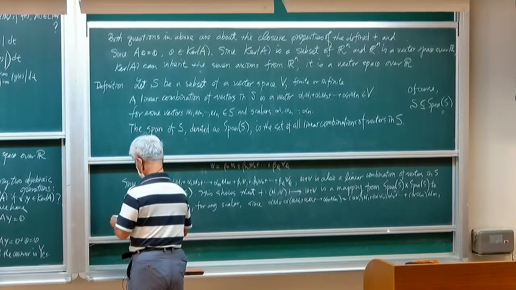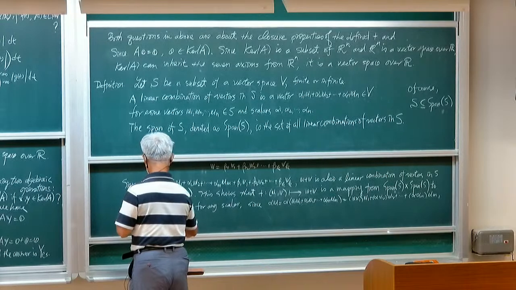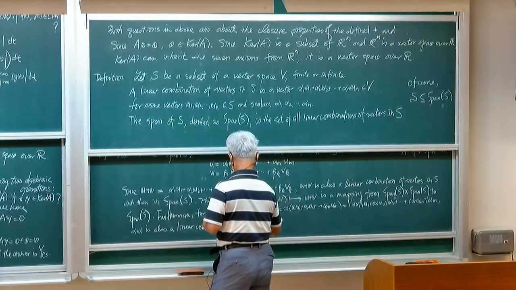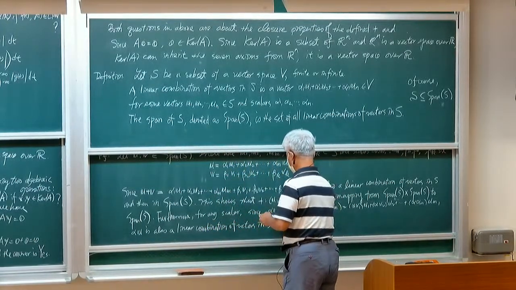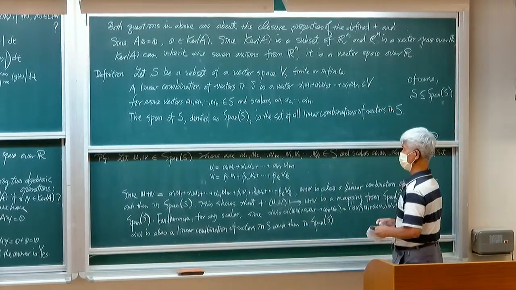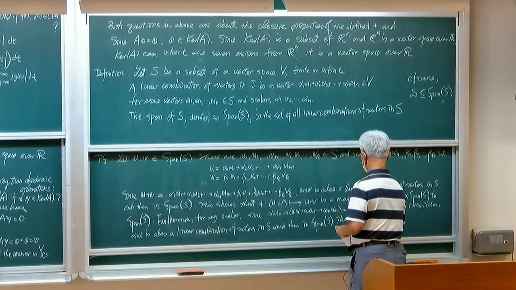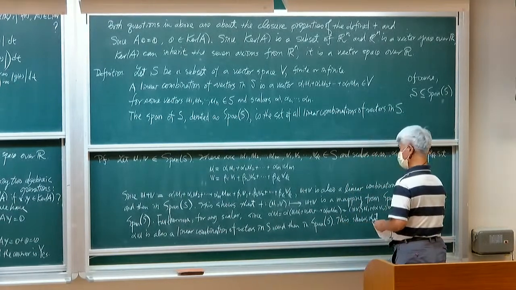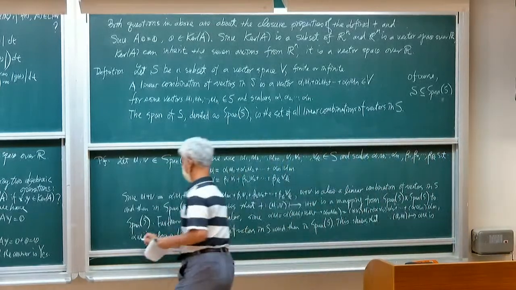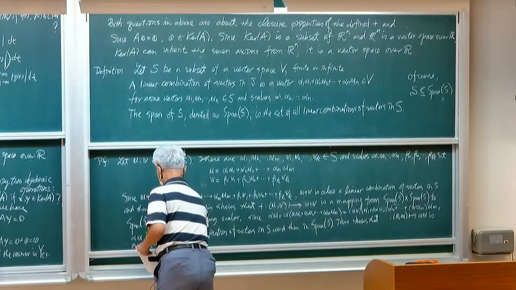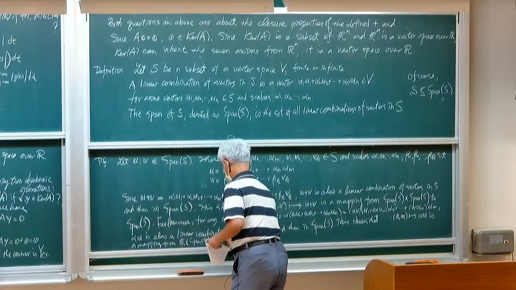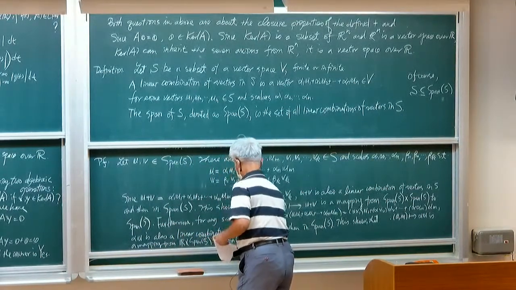The alpha u is also a linear combination of vectors in S, and then in the span of S. All right, so this also shows that the scalar multiplication, sending alpha and u to alpha u, is a mapping from R Cartesian product with the span of X to the span of S. Okay.